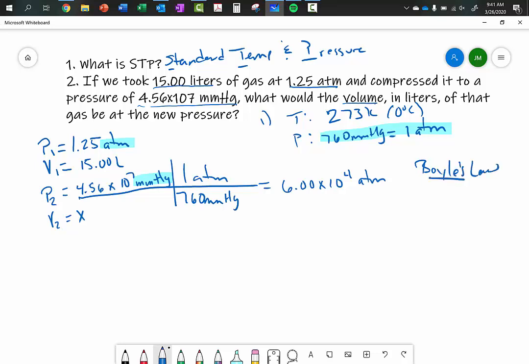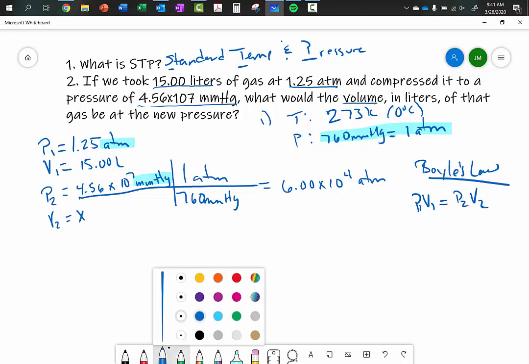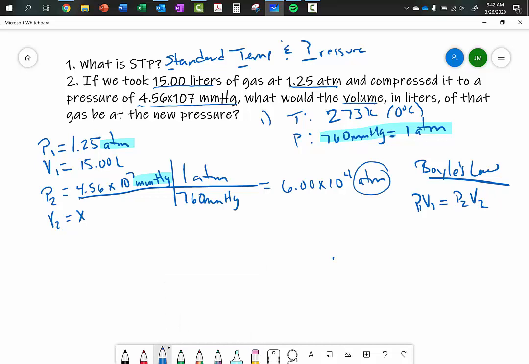All right, so it appears here that I'm going to be using Boyle's law, because I have pressure and volume. I'm going to assume that I'm keeping this at a constant temperature, which is what we're going to do over this unit as we're given these problems. So as we do this, I know that Boyle's law is P1V1 is equal to P2V2. Let me double check now. I have atm, I have liters, so that means my answer will also be in liters.